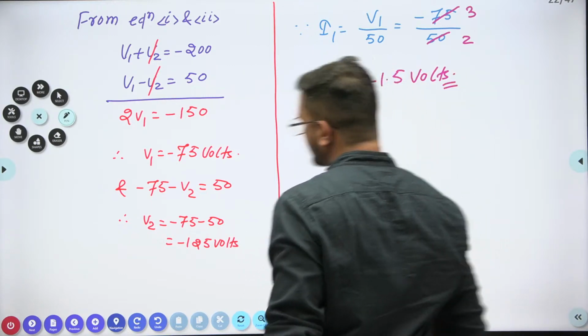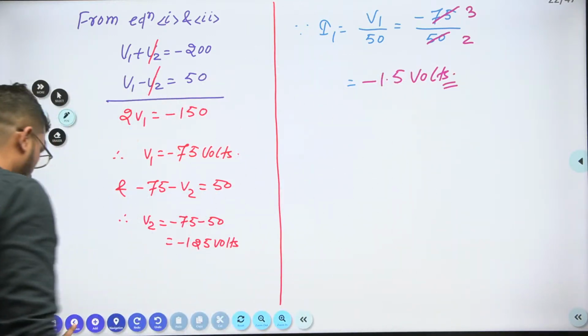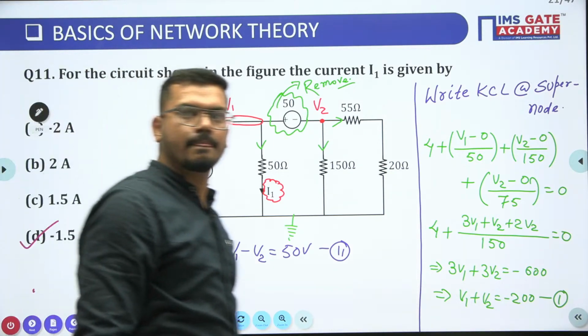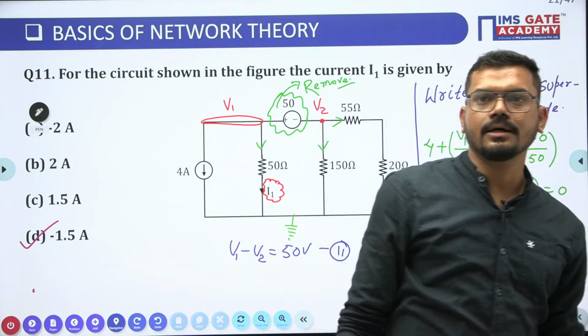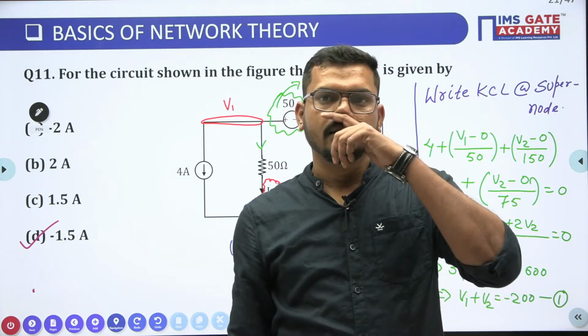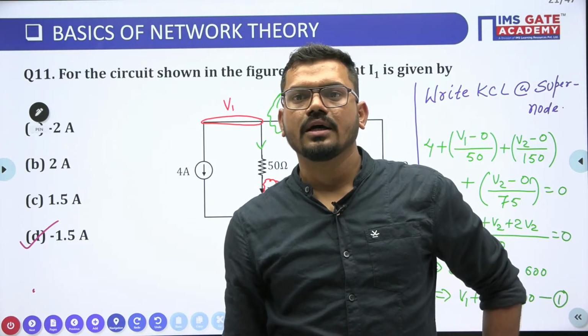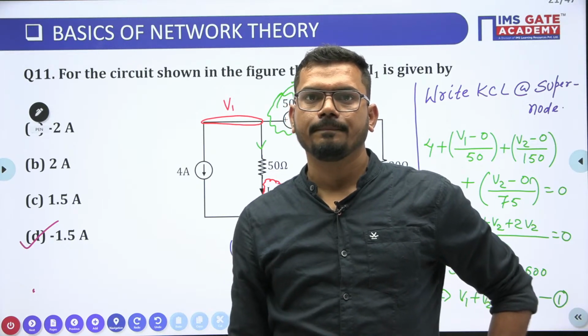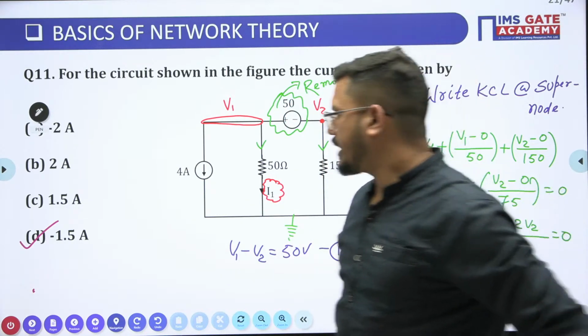So which is the correct answer, guys? Option D is the correct answer. So how many of you got the correct answer? Krishna, minus 1.5, very good, Rupesh, very good. Okay, very good, guys.